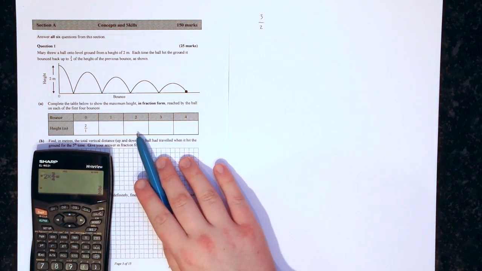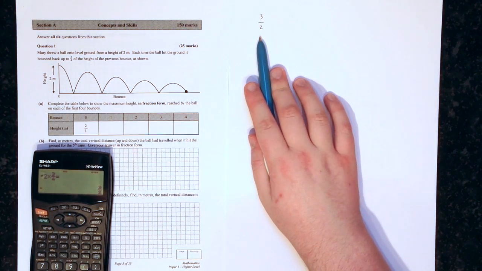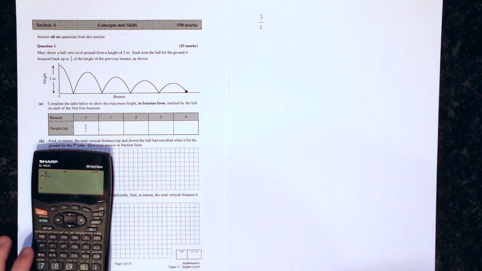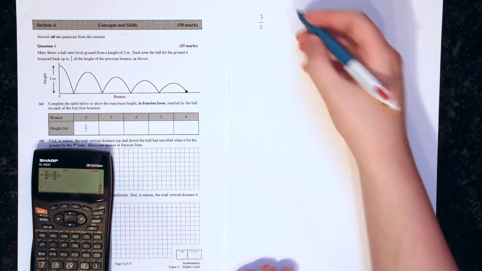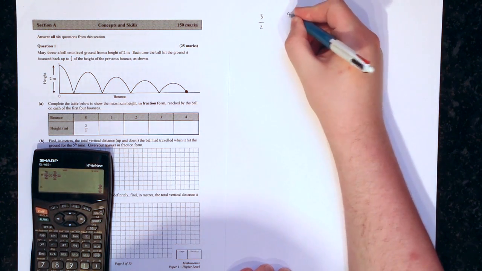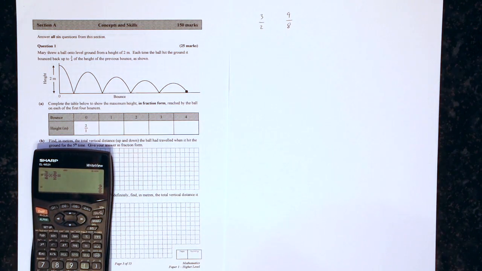Now the second bounce is going to have 3/4 of the height of the first bounce. So 3/4 of 3/2 meters, because that's the height of the first bounce, which gives us 9/8 meters. So the height after the second bounce will be 9/8 meters.